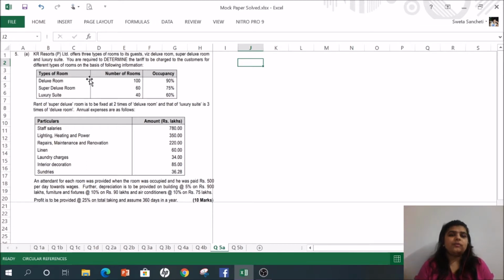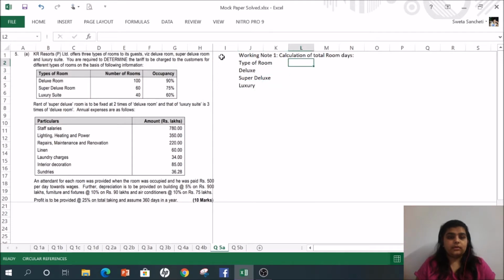Deluxe room 100 rooms with 90% occupancy, super deluxe and luxury suites. So with this information, first thing I would do is calculation of my working note 1, that is calculation of total room days. So under this I have three categories. So type of room, I have deluxe, I have super deluxe, and I have luxury.